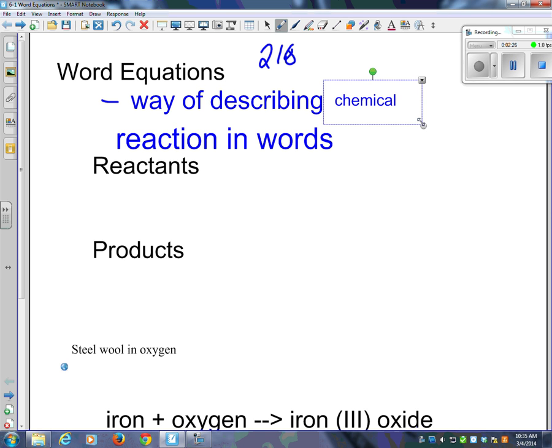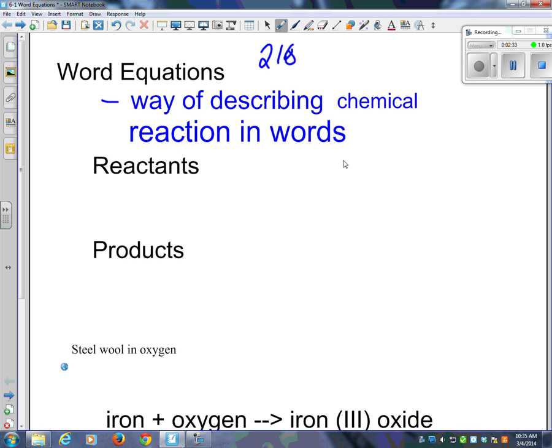That's what it is. Do we care in a word equation how much stuff is produced? Like, do we care about that counting atom stuff? No, we don't. We just talk about what the reactants and the products are.